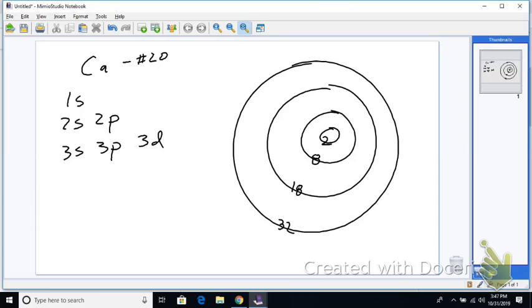I think we discussed that a little bit yesterday. And then the fourth level, you've got 4s, 4p, 4d, and 4f. So that's the levels in which they go in, okay?